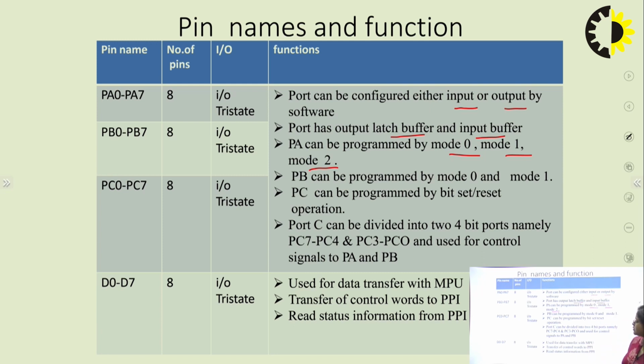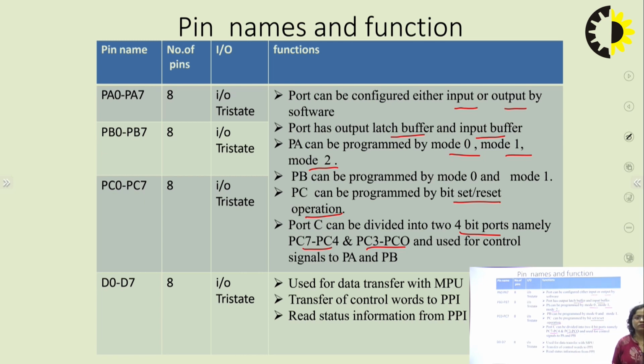PC0 to 7 consists of 8 pins which can be programmed in bit set or reset mode, that is BSR mode. This can be divided into two 4-bit ports, that is PC4 to PC7 and PC0 to PC3.